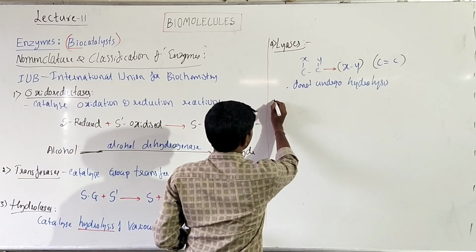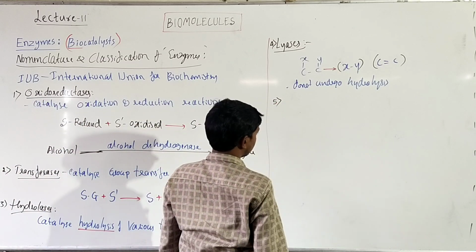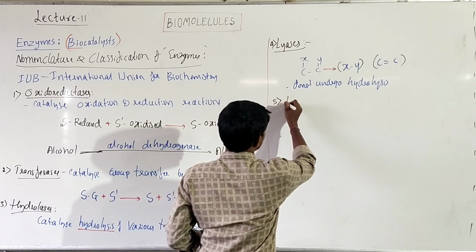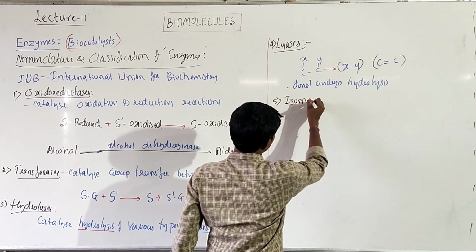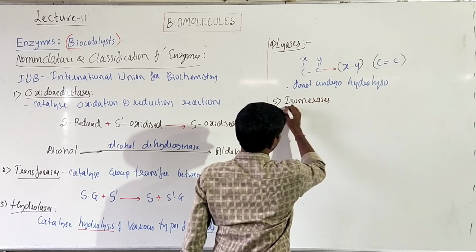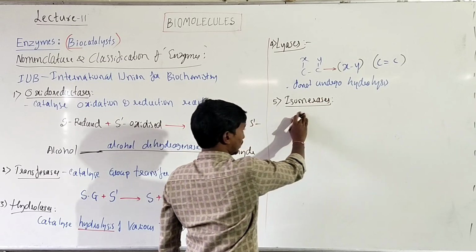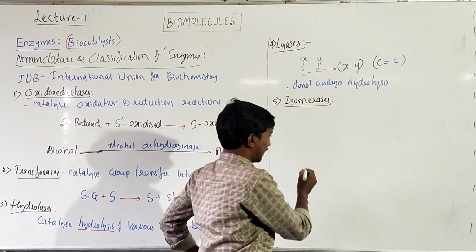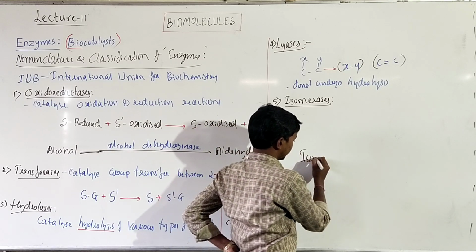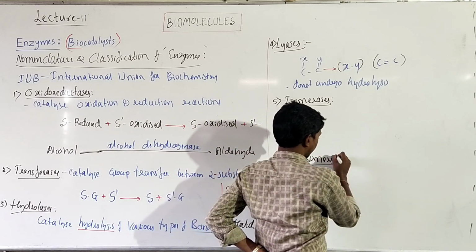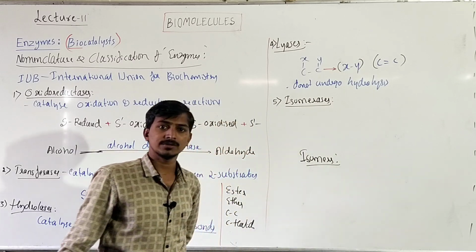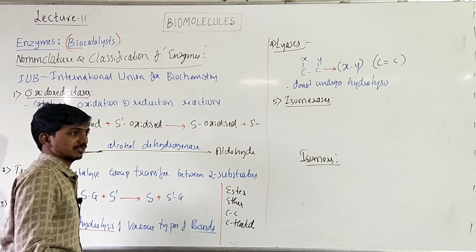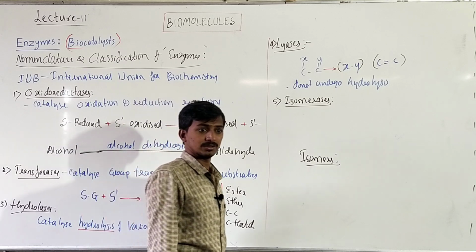Okay. Fifth category is isomerases. You may be knowing about the isomers: the compounds which have the same molecular formula but different structure. ಕನ್ನಡದಲ್ಲಿ ಸಮಸ್ಥಾನಿಗಳು ಅಂತ ಕಲ್ತಿದ್ದೀರಿ.